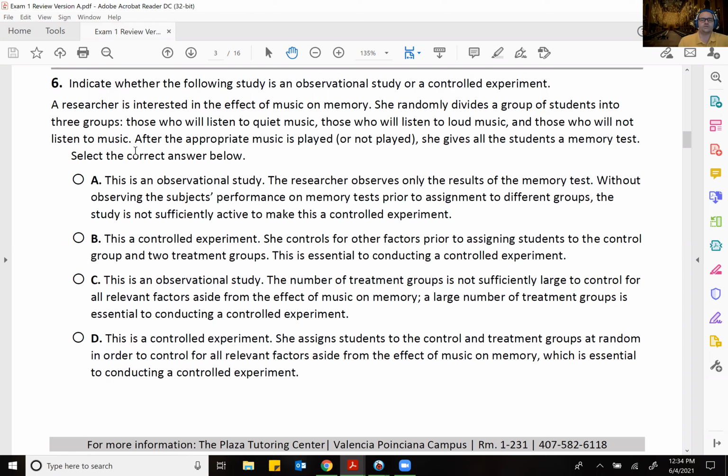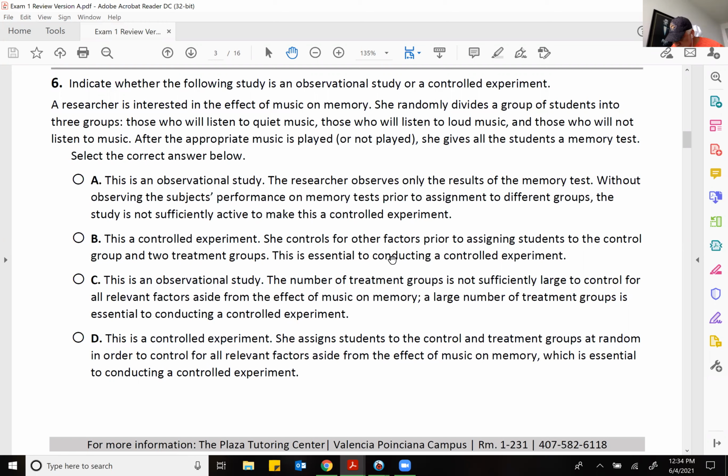What do you think? Let's just talk about observational or controlled first, and then we can look at the answers. I believe it's controlled. Yeah, controlled. Okay, so that narrows it down to either B or D. B says this is a controlled experiment. She controls for other factors prior to assigning students to control groups and to treatment groups.